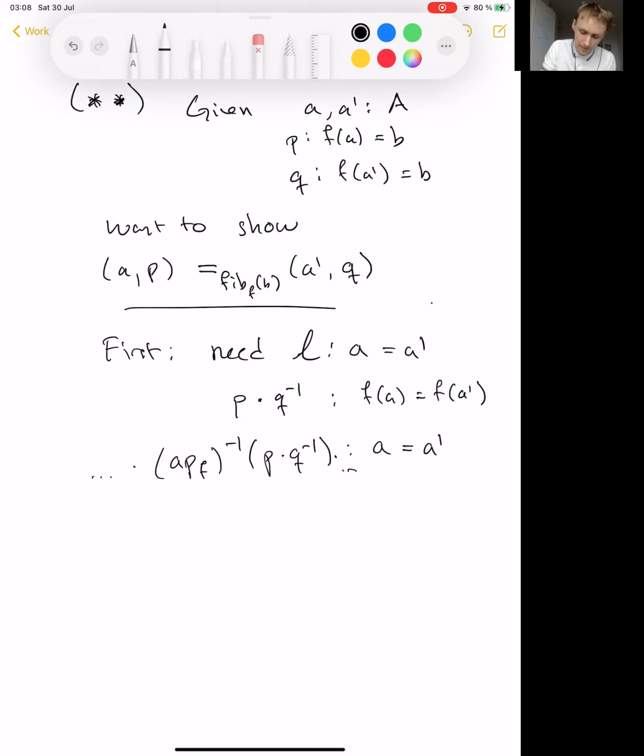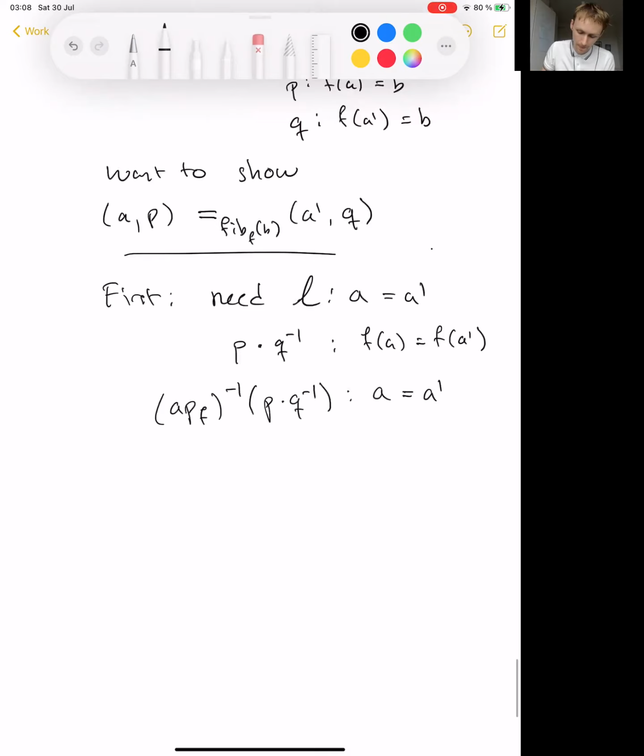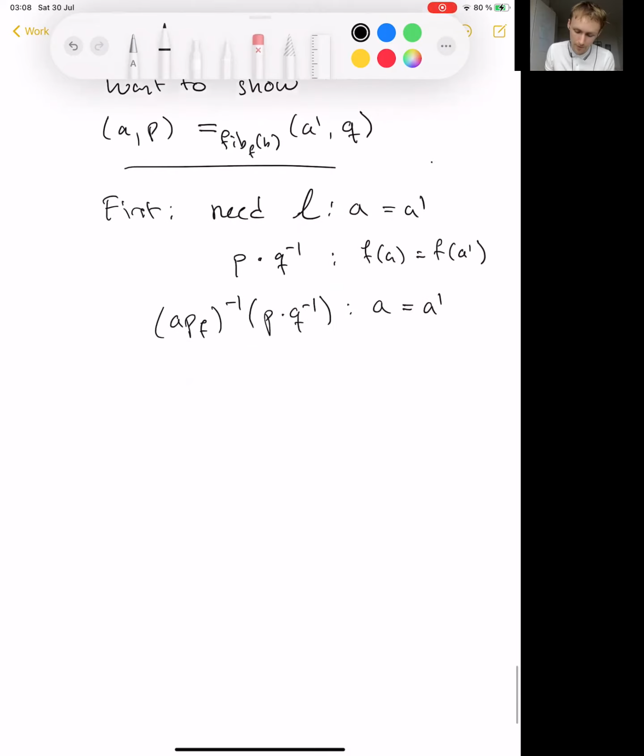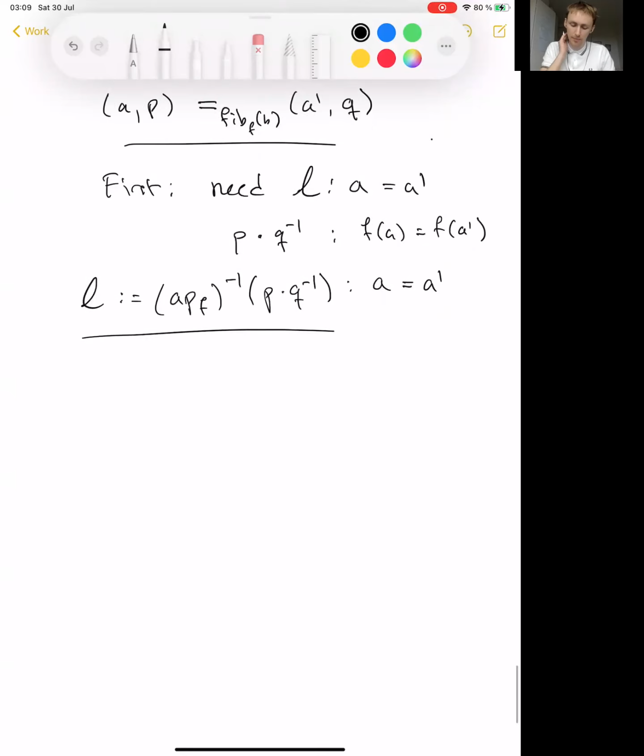But let's be informal and write it like this. So we have a proof, let's call this L. Cool, we have a first proof that A is equal to A prime.